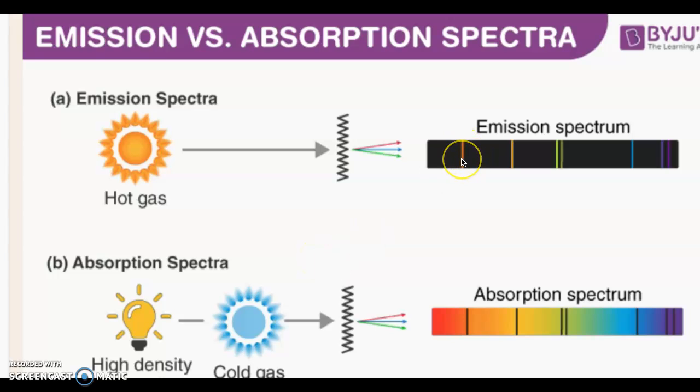At these specific frequencies, what we're getting is a change in energy level of the electron. The electron is either going down an energy level and emitting a photon, or it's absorbing a photon and going up an energy level.